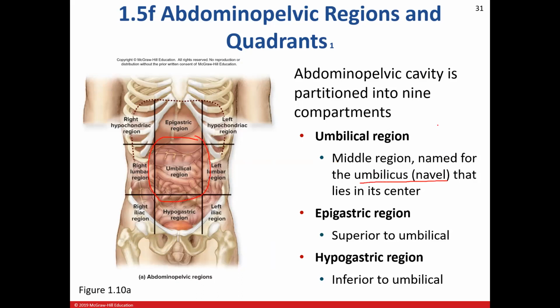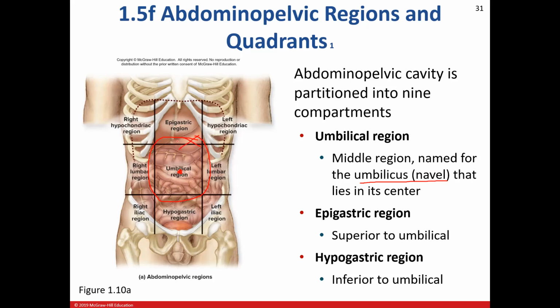What is that? Your belly button, or navel. You find the belly button, and that's going to be in the direct center of this region. If we go above that, up here to the epigastric region, gastric refers to the stomach. That's this one here.